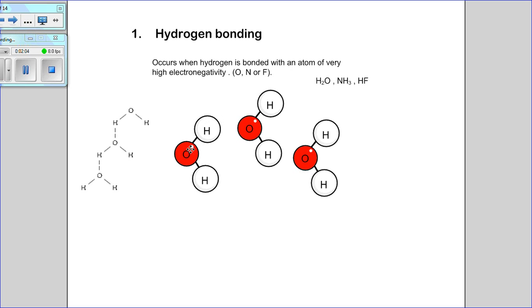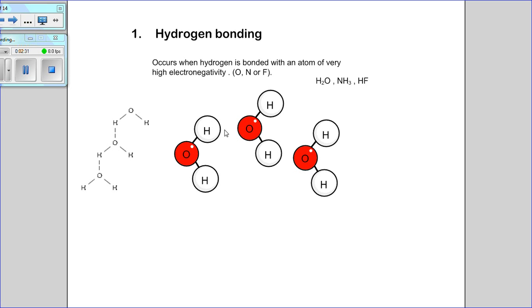So when these atoms combine with hydrogen, we see that the electronegativity of the oxygen atom, in this case, for example, is so strong that the electrons are very dense in the vicinity of the oxygen and very sparse in the vicinity of the hydrogen.